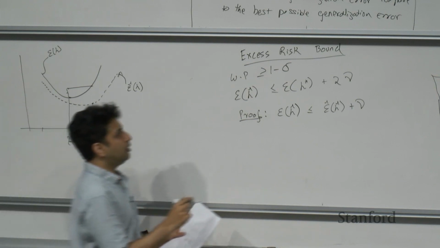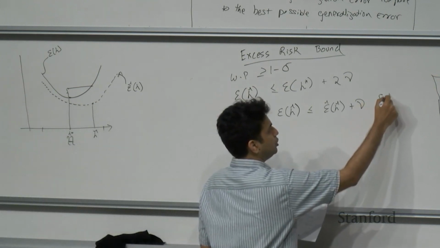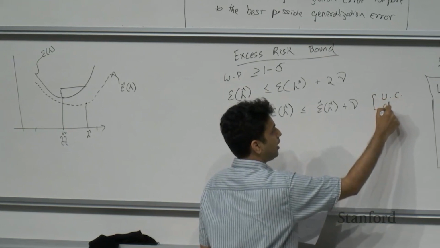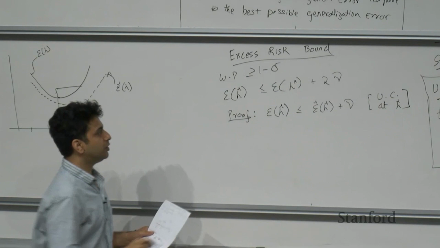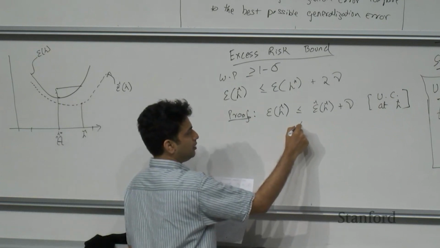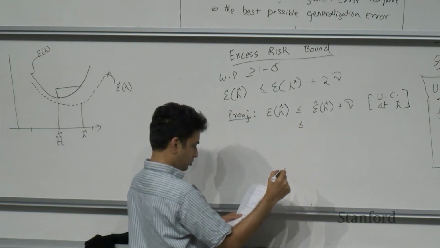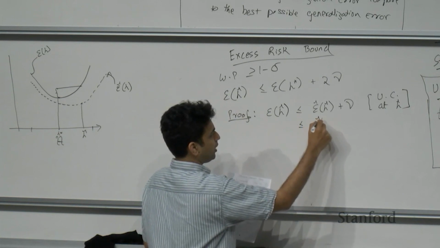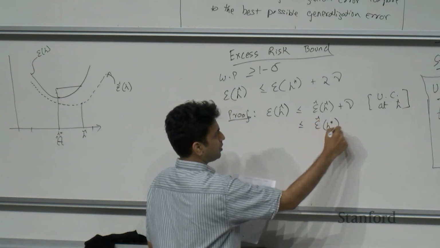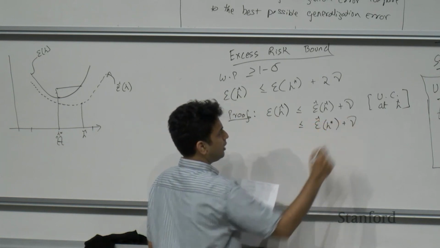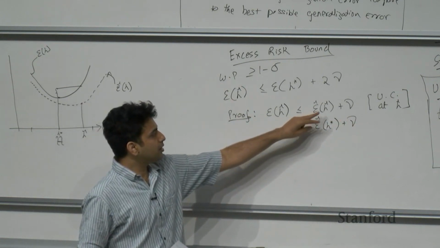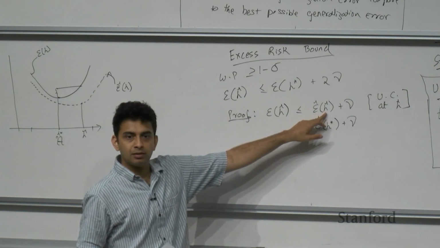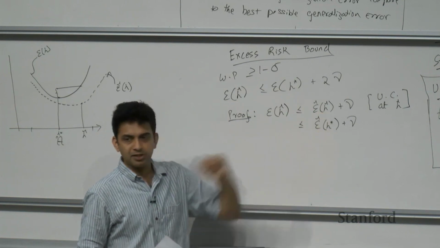Okay, all right. So this is uniform convergence at h hat. And then we're going to say this is less than or equal to epsilon hat of h star plus gamma. What changed from here to here? The empirical risk at h hat is less than the empirical risk at h star.